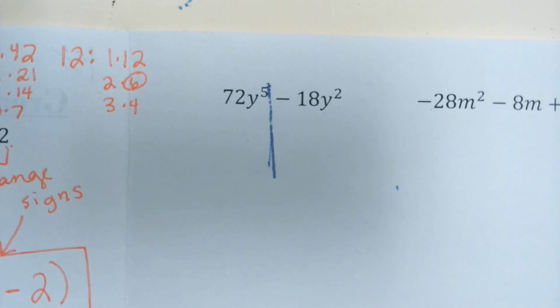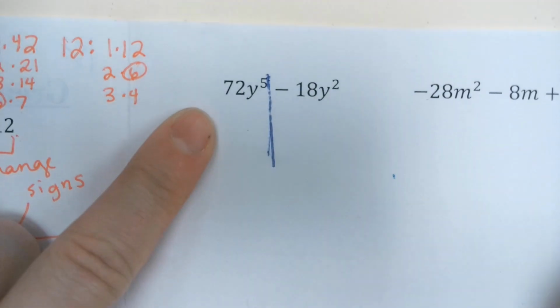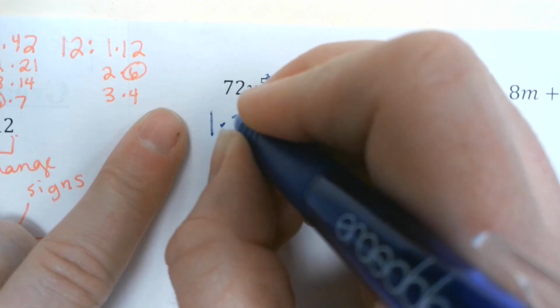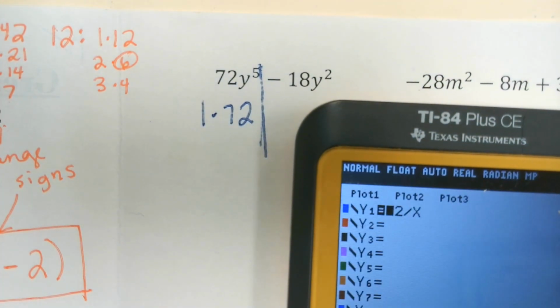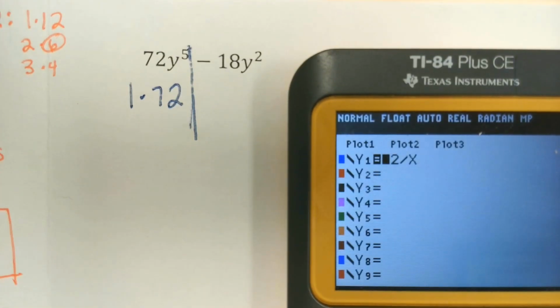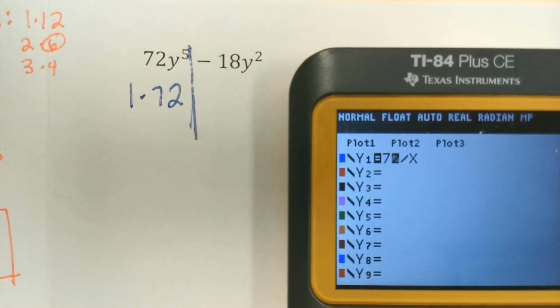I'm going to show you with my little organization how to do the factoring. All right, let's go ahead and factor 72. So we know we start with 1 times 72. So go to your calculator, put in 72 divided by x. If anytime this doesn't work, then you need to clear out the memory on your calculator so you can try again. So 72 divided by x, go to your table.